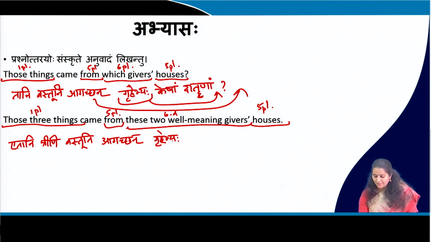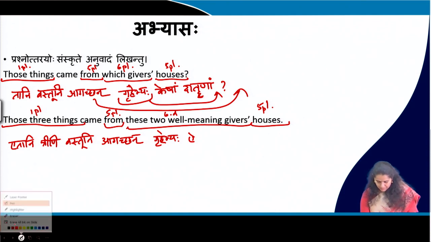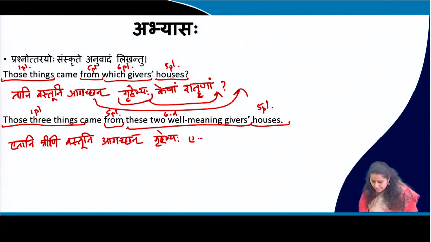These two well meaning givers. So these, let's do the these first. Etayoho, two of them, right? So it will be etayoho, well meaning, sumati. So sumatayoho.